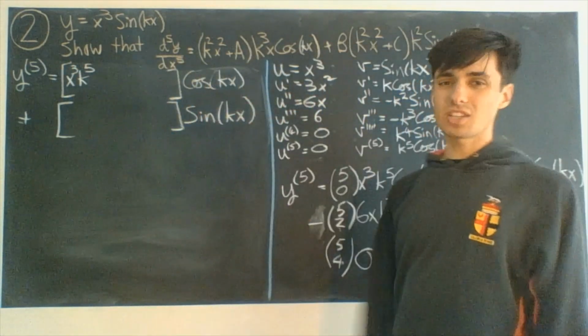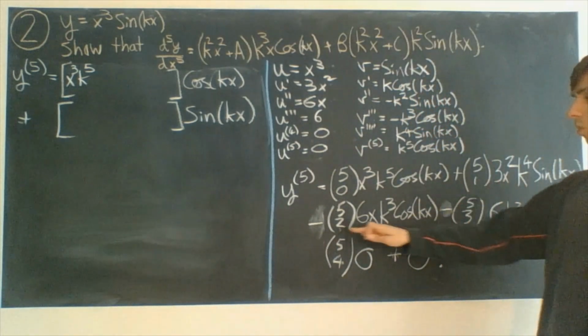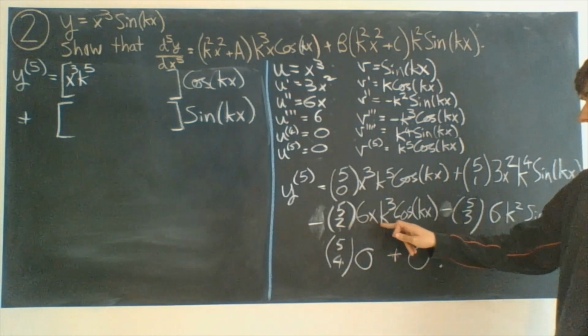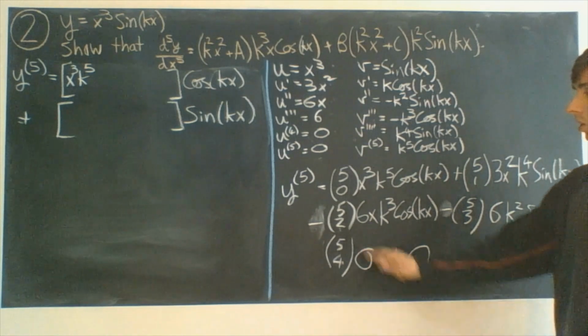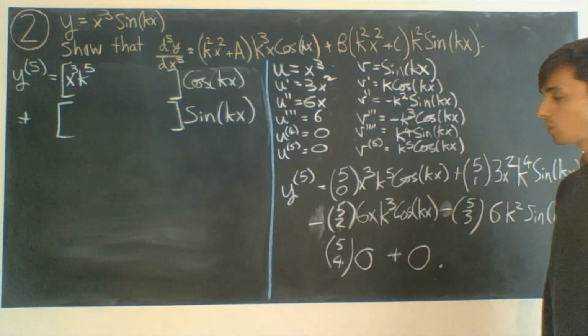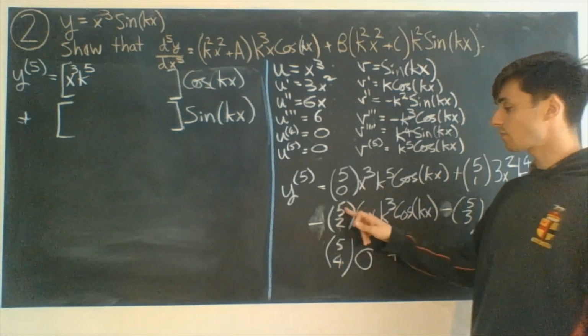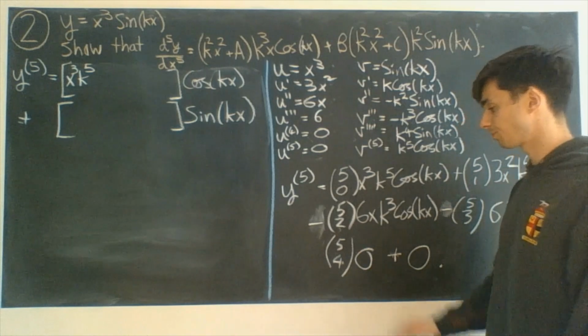While we're at it then, let's just look at our next cos kx term. And the only other one we've got is this one. 5 choose 2, 6x k cubed cos kx. Well, 5 choose 2 is 10. And we could prove that if we wanted to, because it's 5 factorial over 2 factorial, 3 factorial.